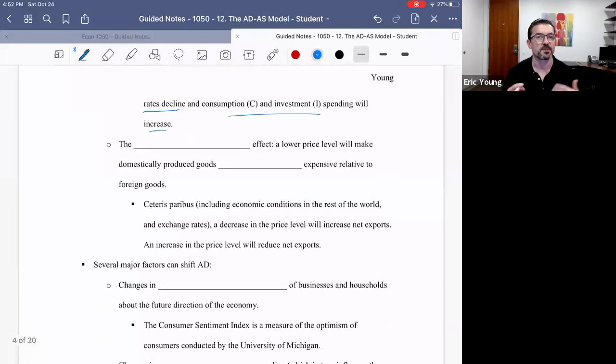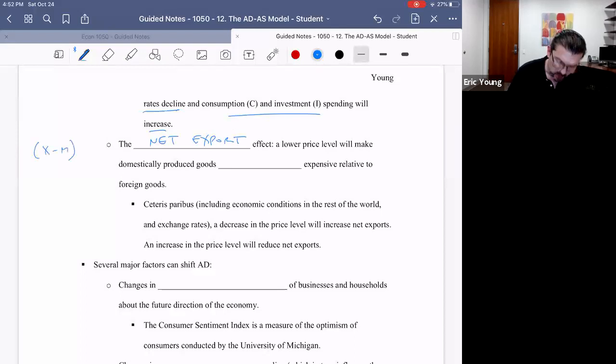And the third explanation for the downward sloping AD is what we're going to call the net export effect. And this ties in to our X minus M part of our equation. The net export effect says that a lower price level will make domestically produced goods. Okay, let's go through this again.